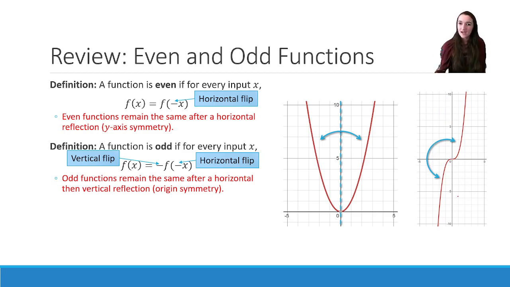So when that happens, we have an odd function. So even and odd functions are all about doing those transformations and seeing how their symmetry works out. So rotational symmetry is just doing a horizontal and vertical flip and getting back the original graph. That's what rotational symmetry is, whereas y-axis symmetry just means doing a horizontal reflection and getting back the original graph.